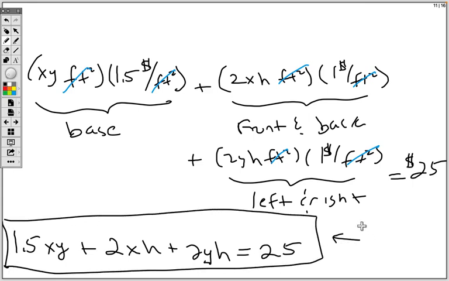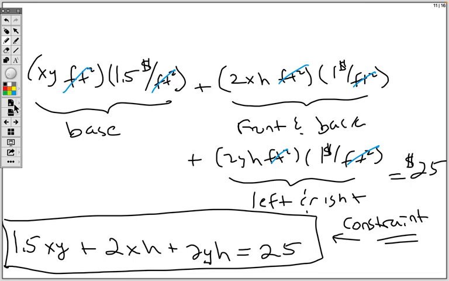So this is sometimes called a constraint equation. We're not looking at all possible boxes here. We're looking at all possible boxes where the cost is $25.